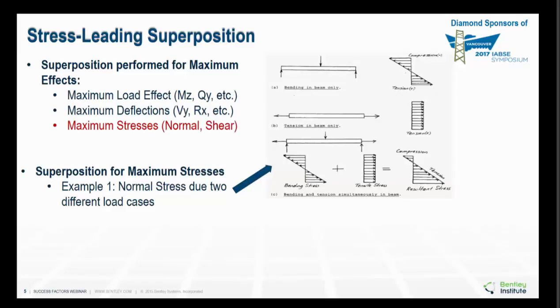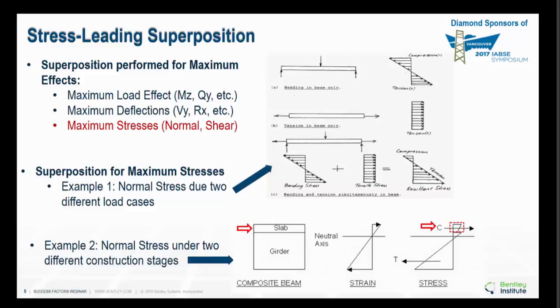So in example 1, as you see, we have a beam under 2 different loads. One is the effect of bending, and the second is under tension. We can find the maximum of the combination of these 2 for the loads and deflection, but in the upcoming release we will have a component to find the maximum of the stress, which you can see on the right hand side.